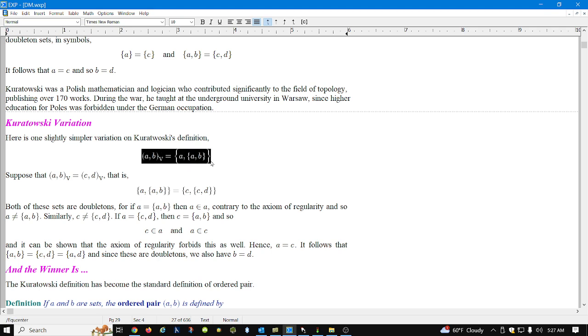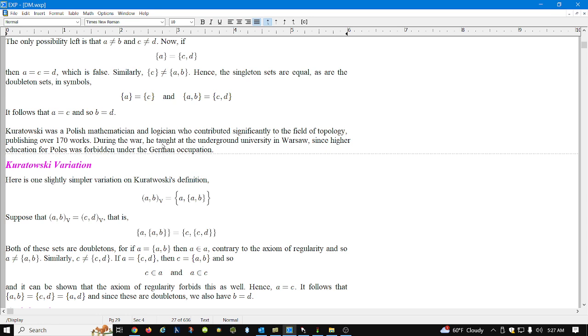There is a slight variation on Kuratowski's definition. Instead of a singleton set A here, just the set A. And this too makes it simple, even simpler, to verify the key property of the ordered pairs.